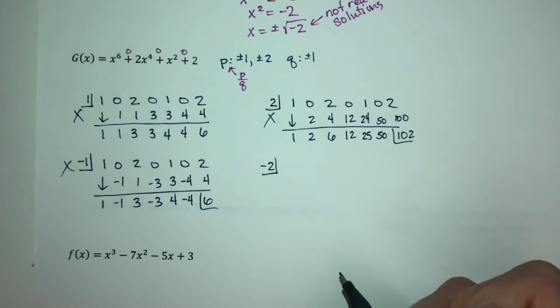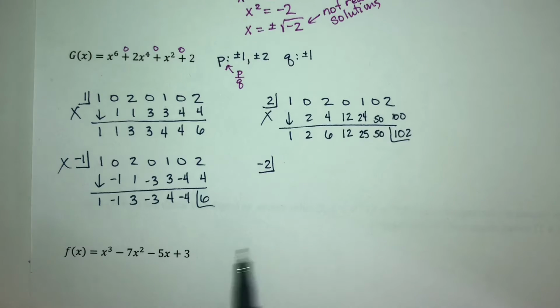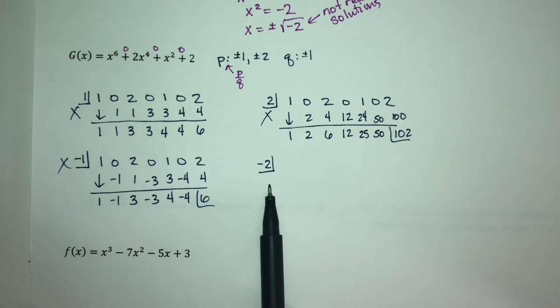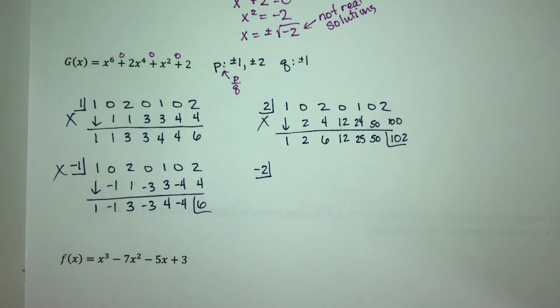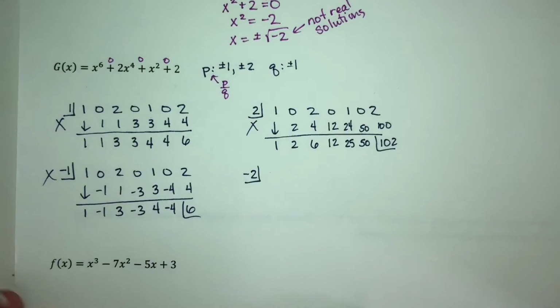Now let's check -2. Now, don't make the mistake of thinking because none of these worked, this one must. It doesn't have to. We might not have any rational zeros. Okay?